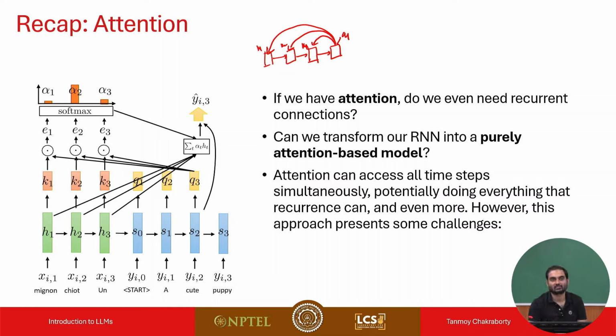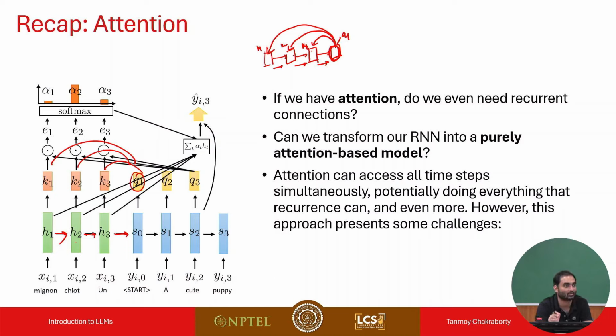Okay, so the question here we are asking is as follows: through the attention mechanism, every decoder state can access all the encoder states, right? Why do we need these recurrent dependencies? Why do we need these dependencies between H1 to H2? If this guy can access all the previous guys, why do we need these connections?